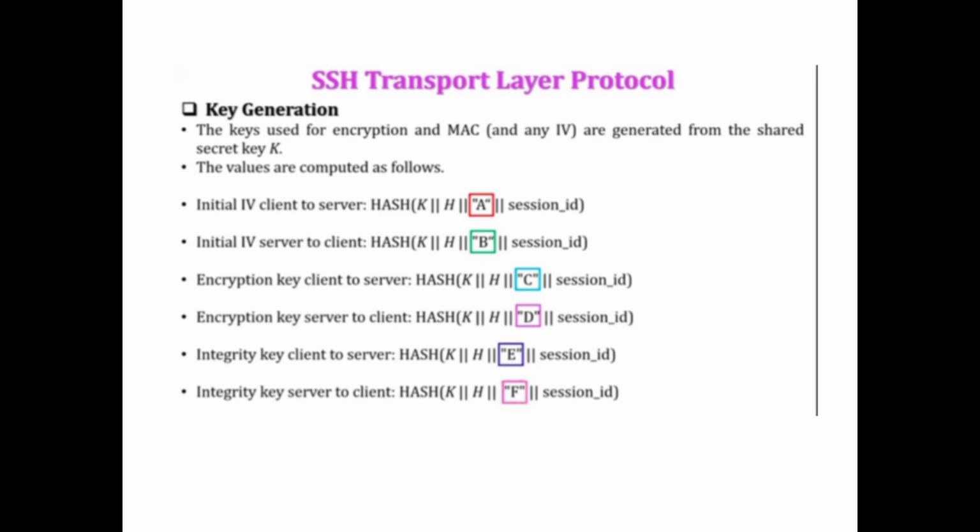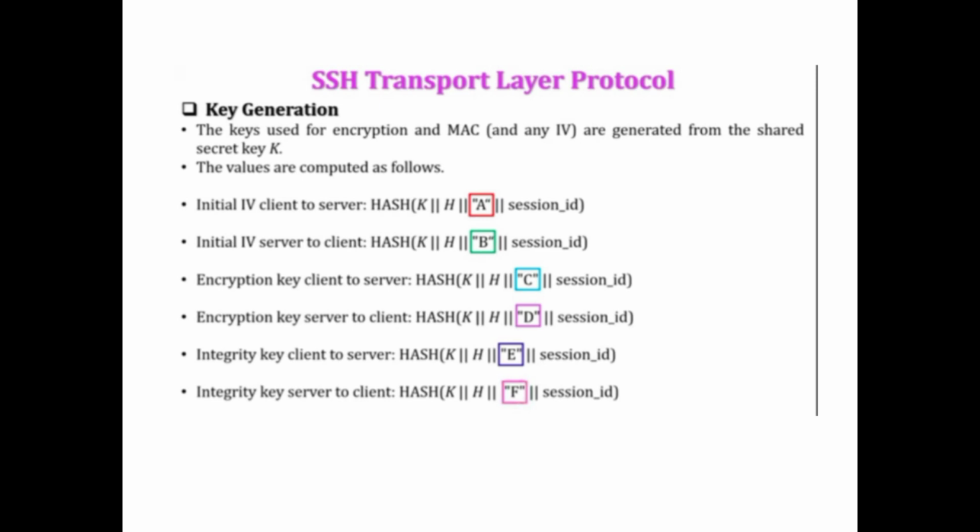Key generation. The keys used for encryption and MAC are generated from the shared secret key K. The values are computed as follows. Initial IV client to server: hash of K, H, A, session ID. Initial IV server to client: hash of K, H, B, session ID.